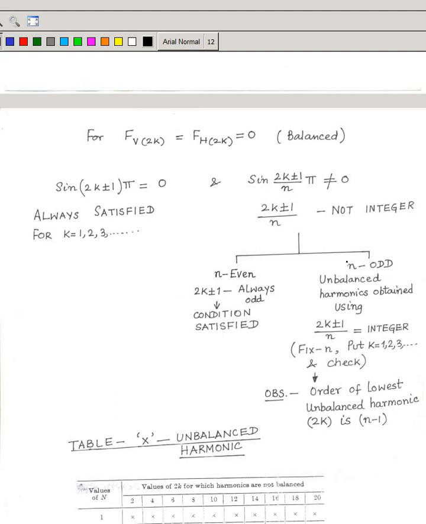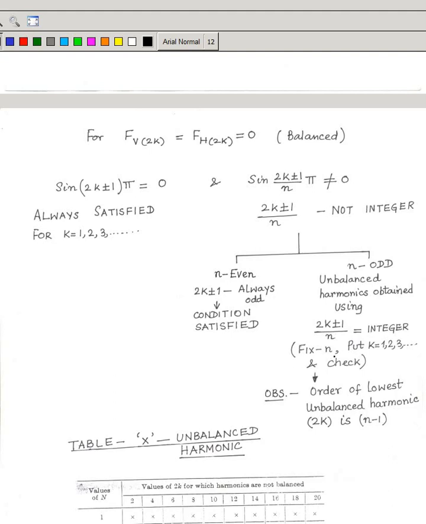But for odd number of cylinders, you have to individually check whether (2k plus 1) by n and (2k minus 1) by n are integers or not. If they are integers, then it is not balanced, and if they are non-integers, then it is balanced.